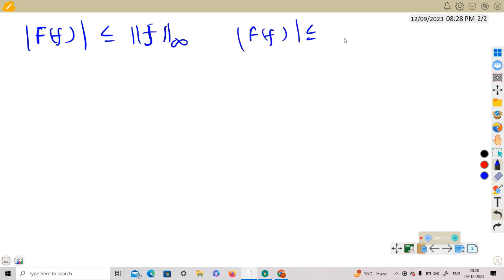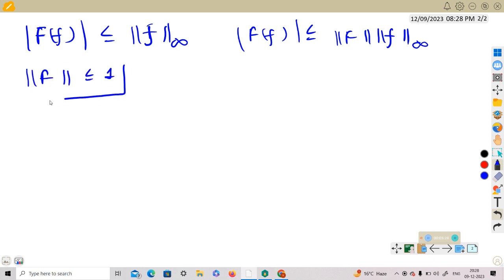So we have |F(f)| less than or equal to the norm of F times the infinity norm of f. So what does this show? This shows that from the definition of the norm, the norm of F should be less than or equal to 1.